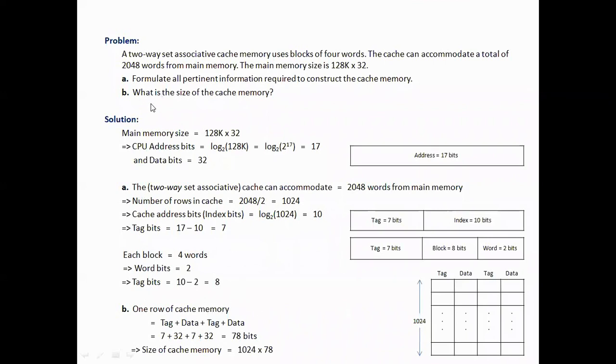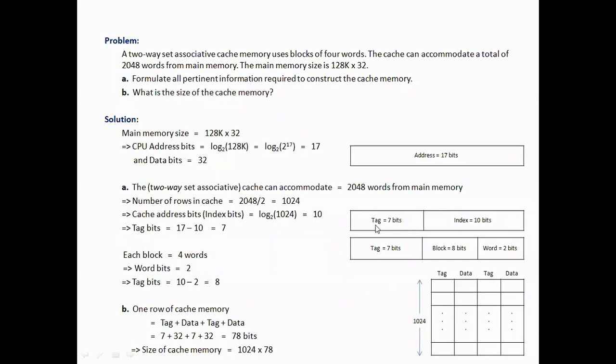Then the B part is there, which asks what is the size of the cache memory. The size means how many rows and how many bits in the column in each word. So we need to see, from here up to here, what is the total number of bits. What is the width of the cache? One row of cache contains tag plus data plus tag plus data.